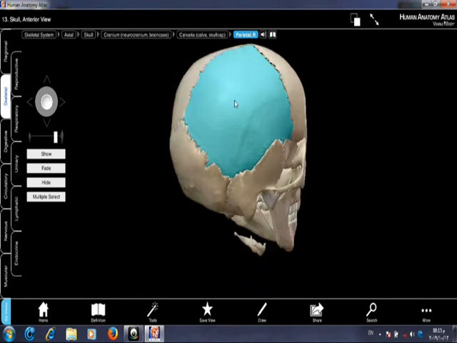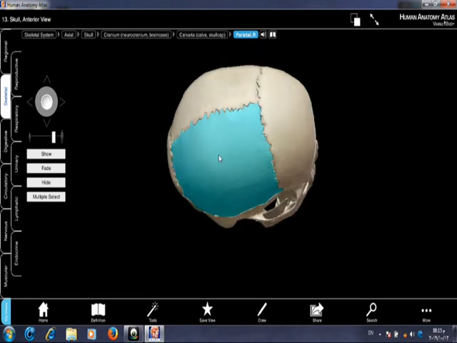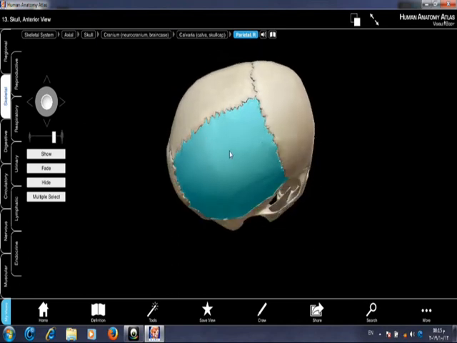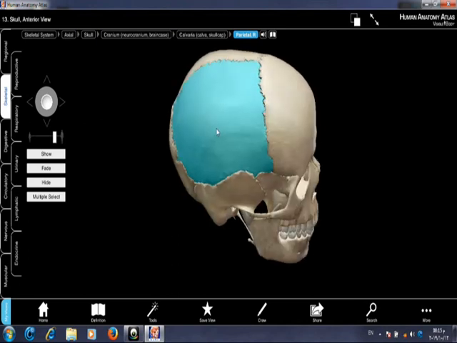This parietal bone is here. You can put your hand here on the forehead and make 3 to 4 fingers. After that, this is the parietal here.